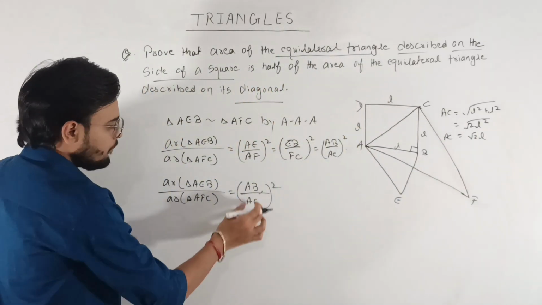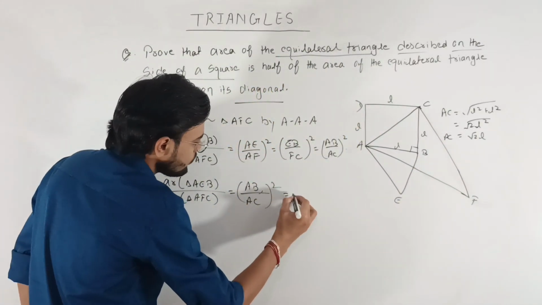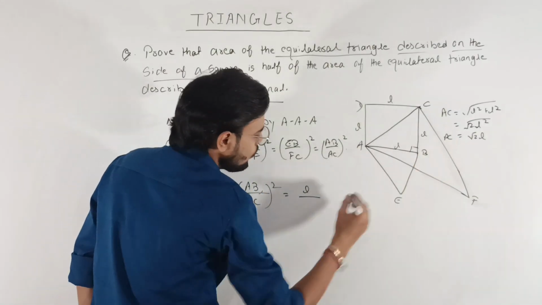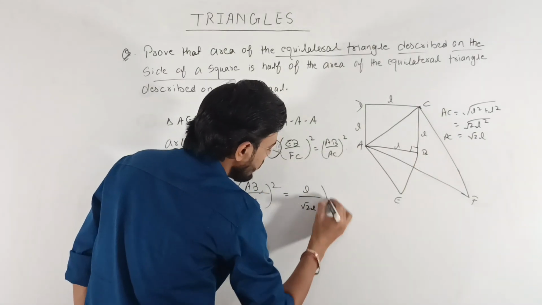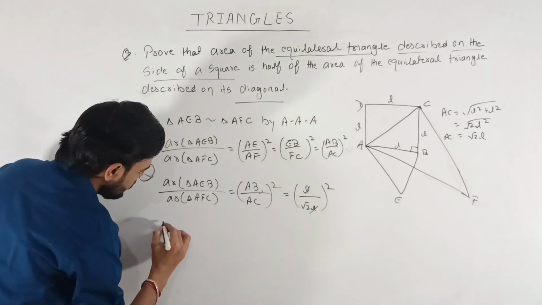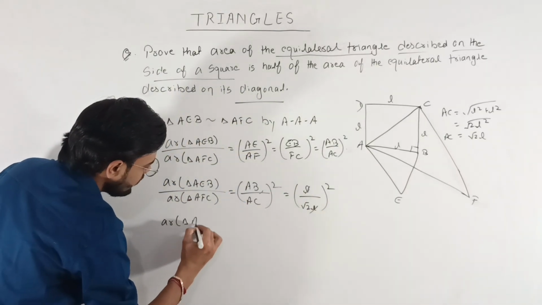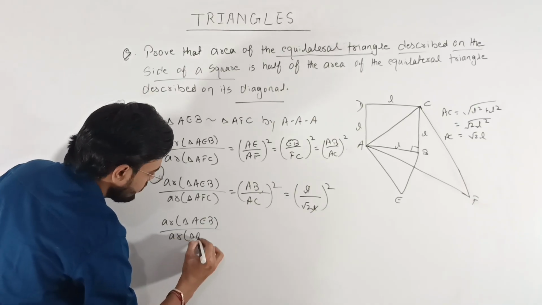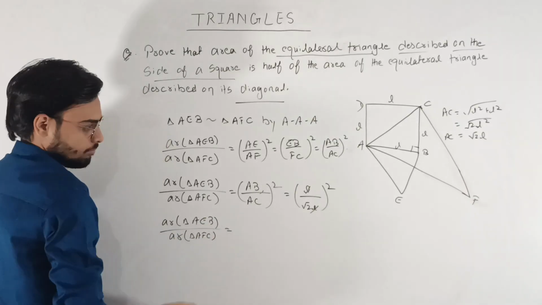So now in place of AB, I write L, and AC is root 2L. Root 2L square. L cancels. So now area of triangle AEB upon area of triangle AFC is what?